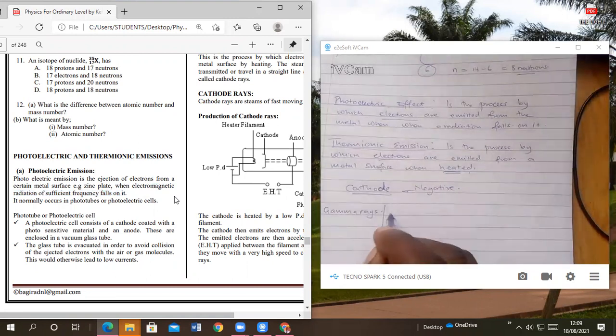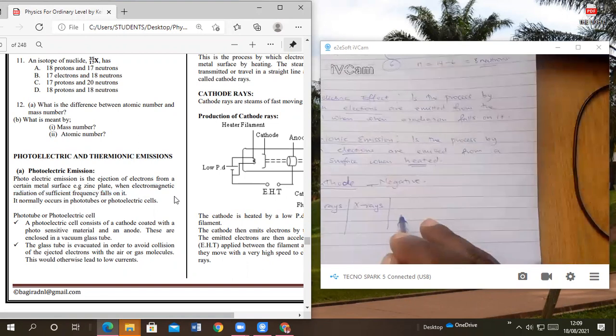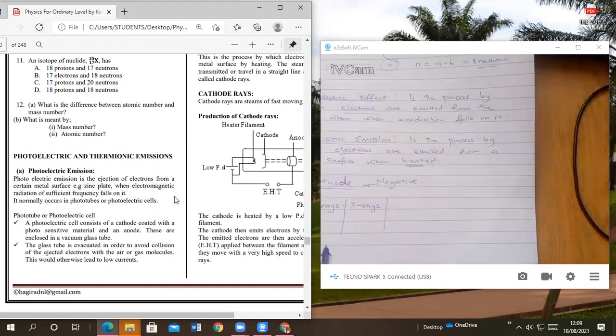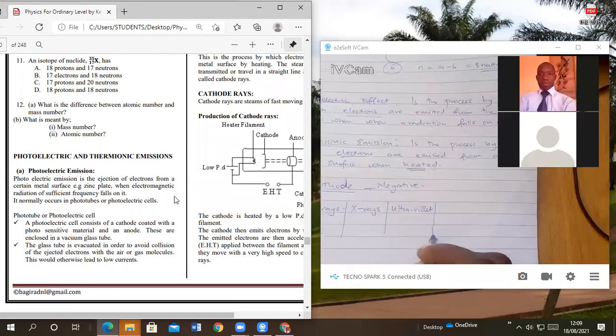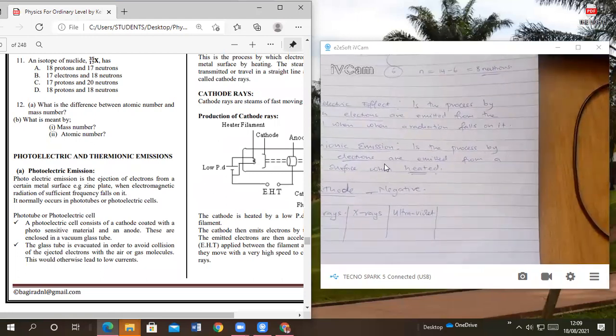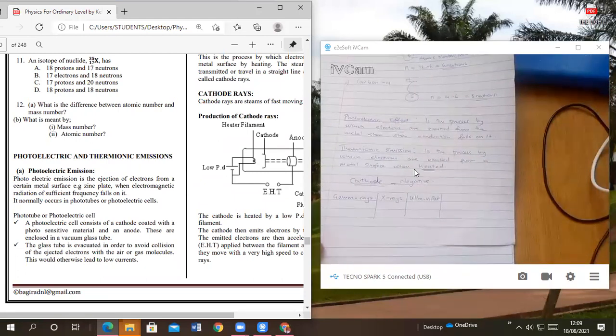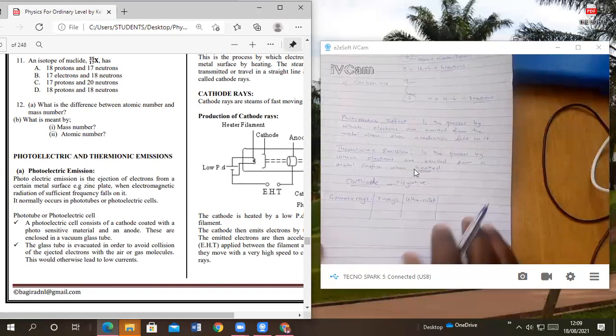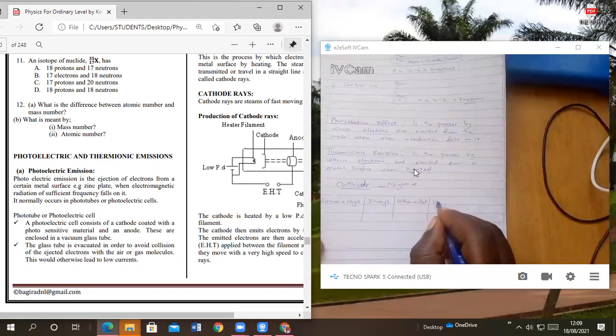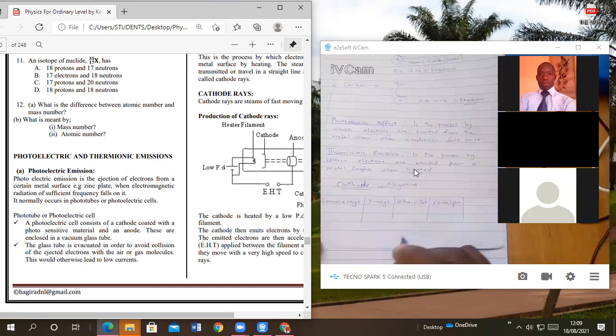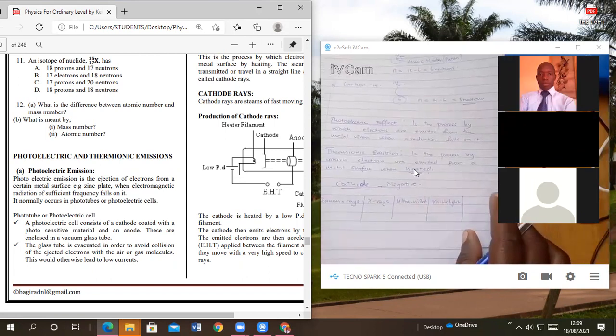We have gamma rays, X-rays, the ultraviolet, and the visible light. Visible light is the one that you see, the light of different colors, red, orange.